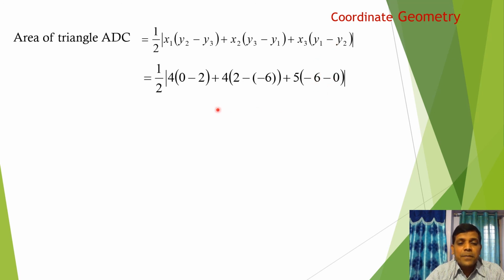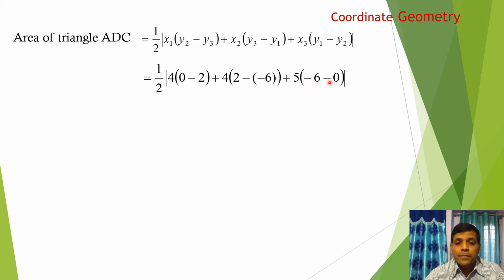What is the next step? Half into 4 into 0 minus 2, we get minus 2, plus 4 into 2 minus of minus 6, which is 2 plus 6, plus 5 into minus 6 minus 0, we get minus 6.